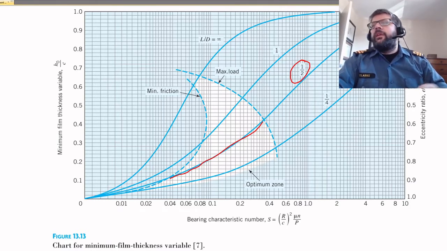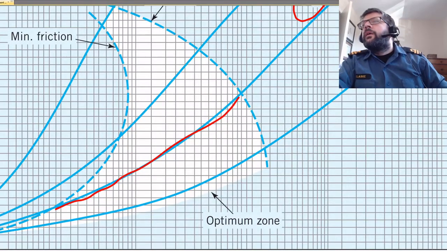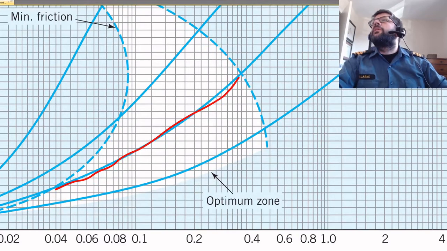So the top end intersection, going straight down from this intersection, brings us down to there.